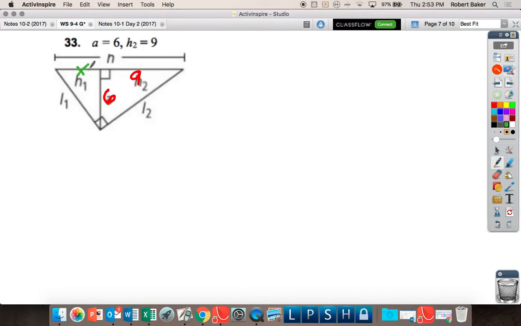Is it 6 over 9 is x over 6? No, it's H1 over 6. So did you see it? Does that make it clearer? So when I don't put a proportion there, I can do outside over inside, x over 6 equals 6 over 9.